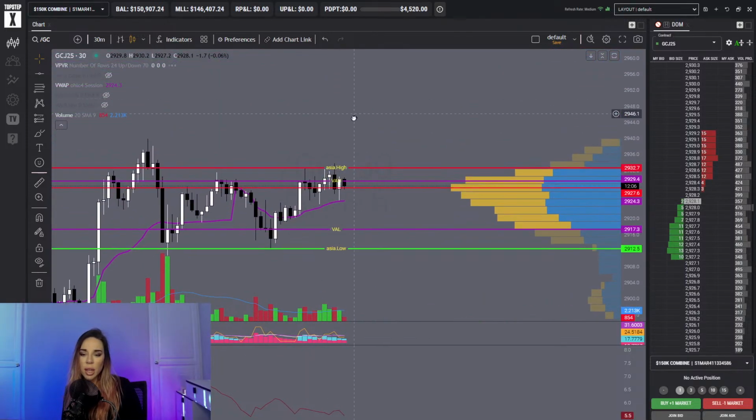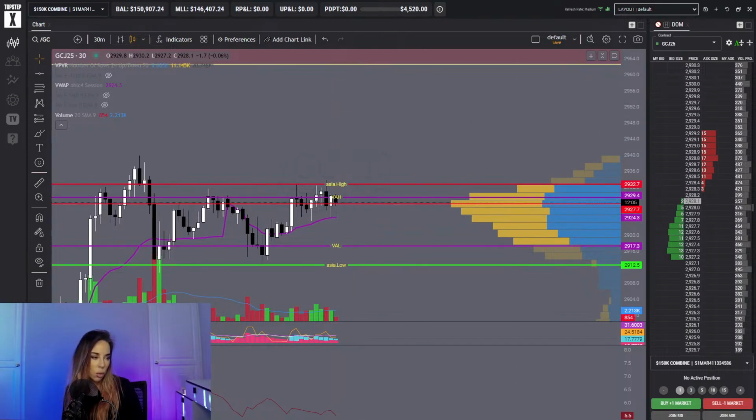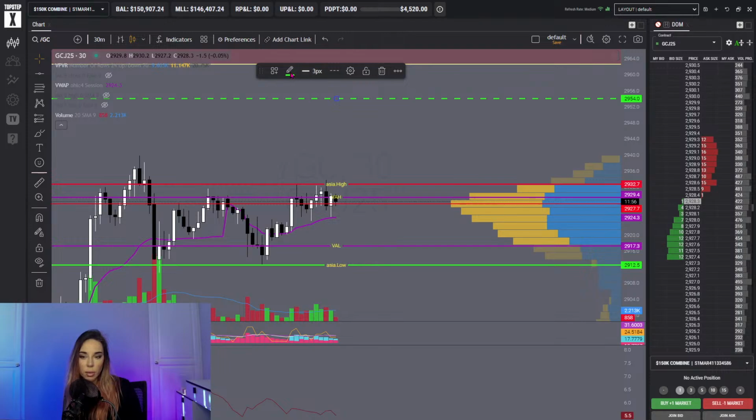Same thing if you get up to the ADR high, which is currently located at 29.54. I'm going to use red for that.